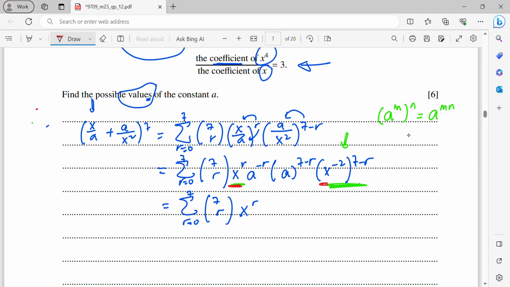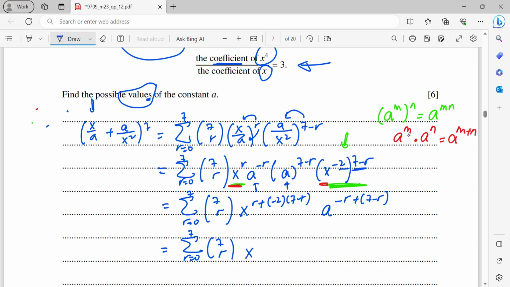If this is multiplication, a^m times a^n with the same base, it will be a to the power of m plus n. So now we have to add the degrees, which means I will be getting plus negative 2 times bracket 7 minus r. The same goes to the a. Since this is a multiplication of two same bases, I will add the degrees. So it becomes minus r plus 7 minus r.